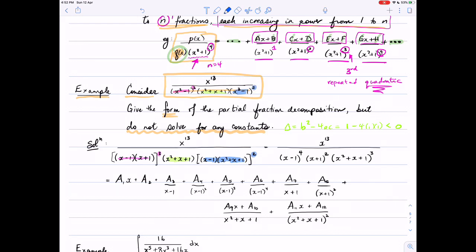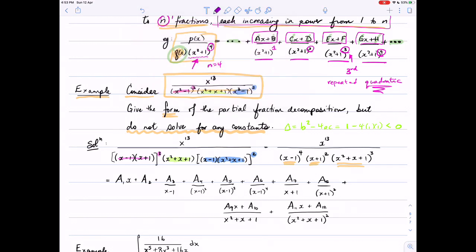If we distribute those powers and collect the like terms together, we're going to have x minus 1 to the fourth, x plus 1 squared, and x squared plus x plus 1 cubed. So in the partial fraction decomposition, we are going to have how many fractions total?